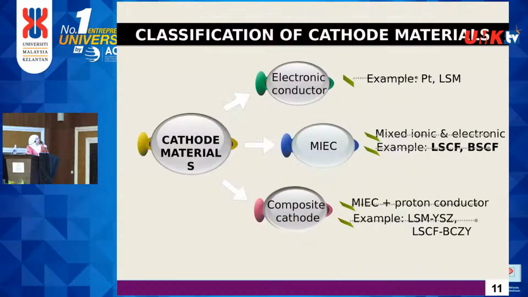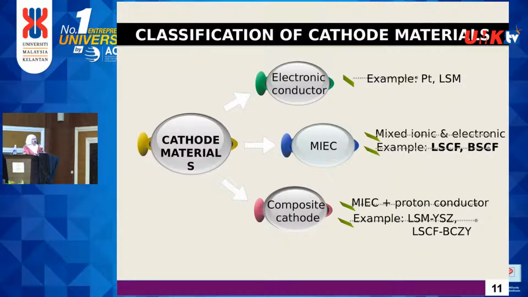The last part of the single cell components is the cathode materials. For the cathode, we have the electronic conductor, the mixed ionic electronic conductor, and also the composite cathode.